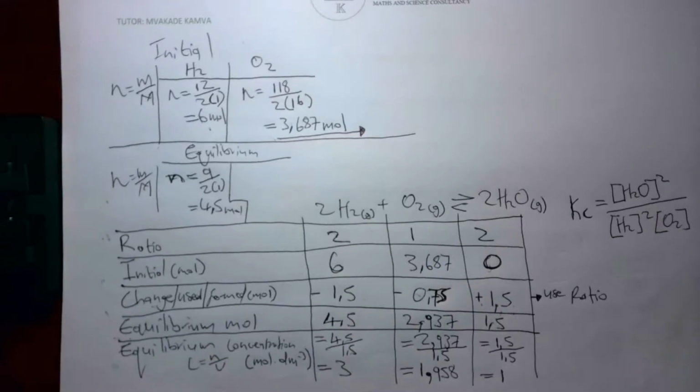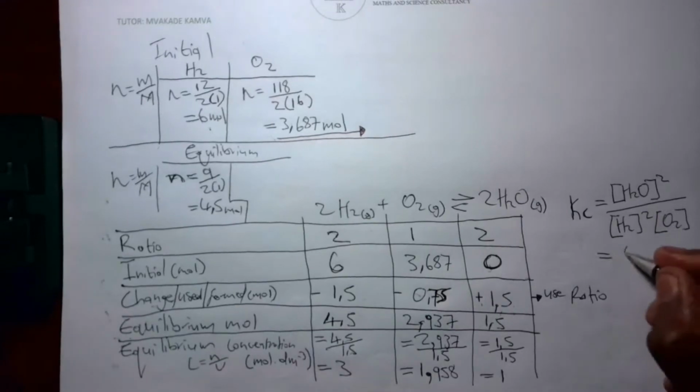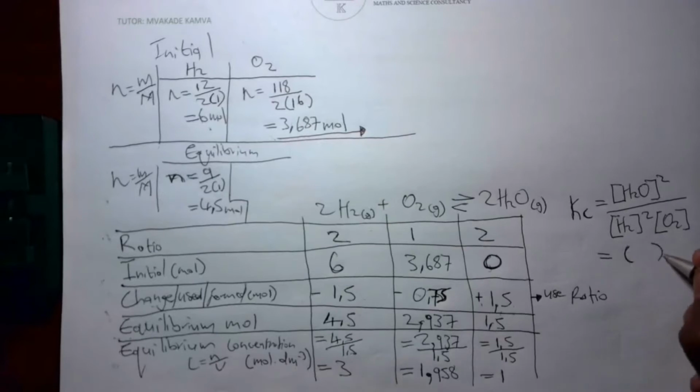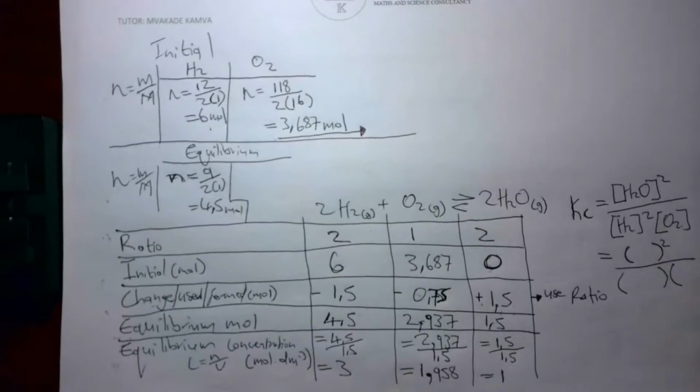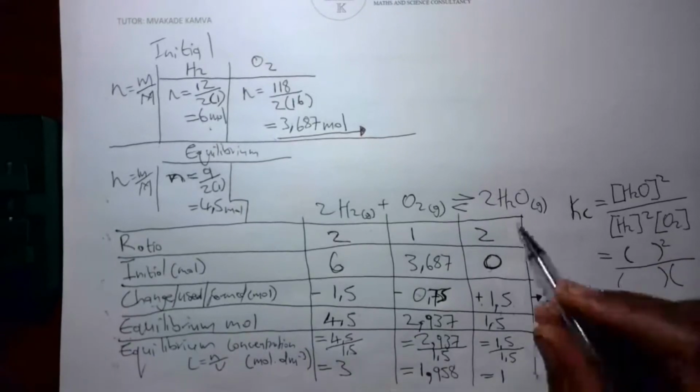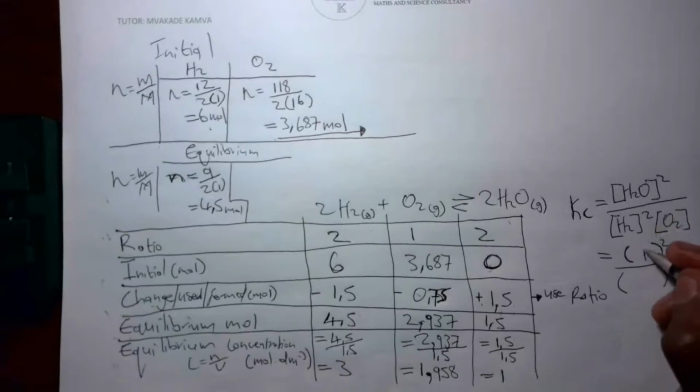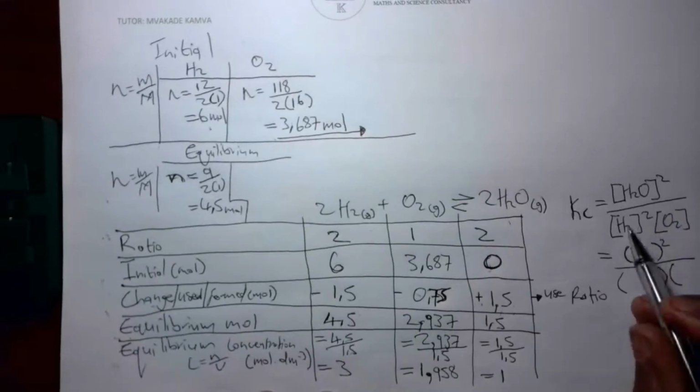Okay, so when we substitute, we use curved brackets. Okay, this is going to be squared, and then I'm going to have for H2 here, and I'm going to have for O2 here. What do I have for H2O there? I've got 1 squared. What do I have for H2?